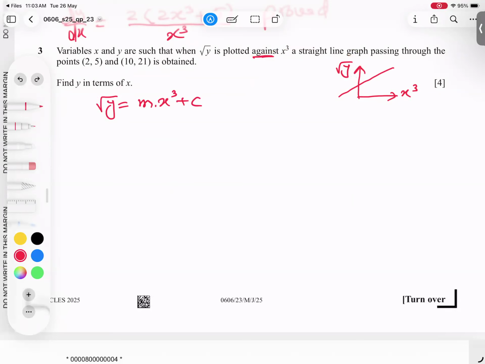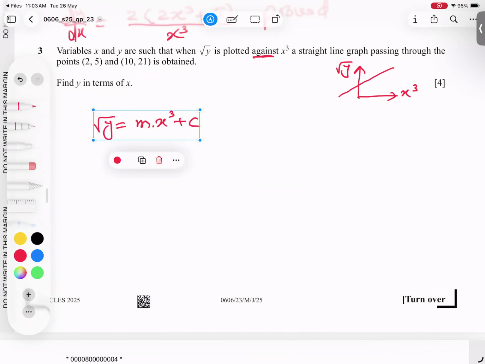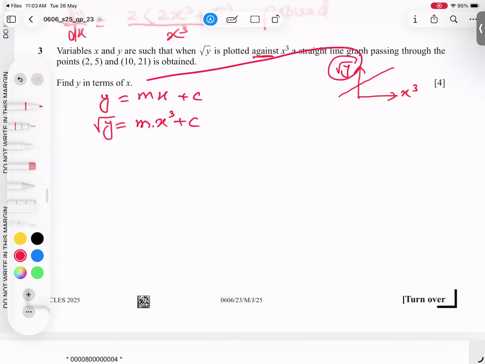Basic formula is what? If you remember, the basic formula is y equals mx plus c. But now, as he said, this is y, so I'm copying it here. Now, how to get y in terms of x? Step number one, I'll find the gradient.